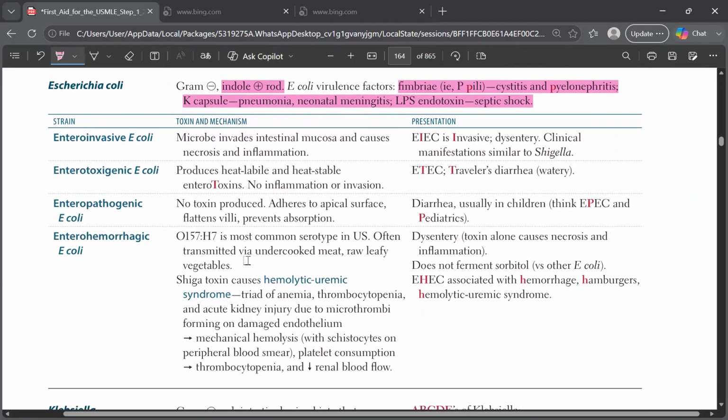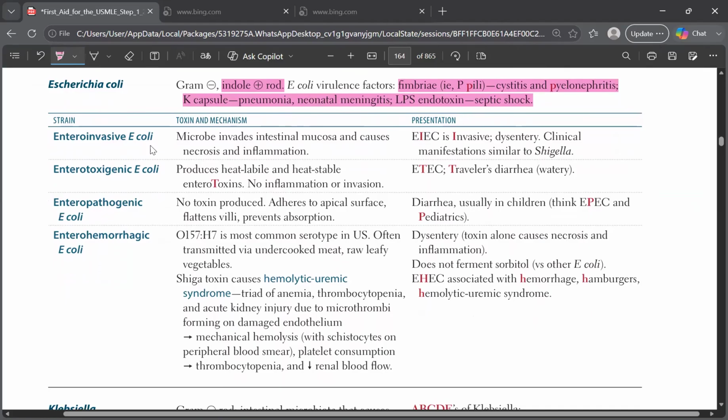So there are different strains: enteroinvasive E. coli, enterotoxigenic E. coli, enteropathogenic E. coli, and enterohemorrhagic E. coli. Those that invade, those that produce toxins, those that cause pathogenicity, and those that cause hemorrhage. Enteroinvasive E. coli microbes invade intestinal mucosa and cause necrosis and inflammation. There's dysentery, with clinical manifestation similar to Shigella.